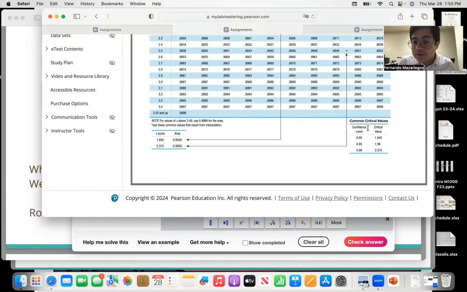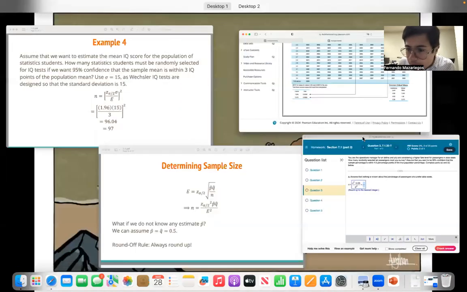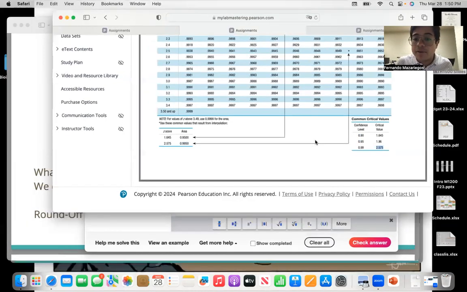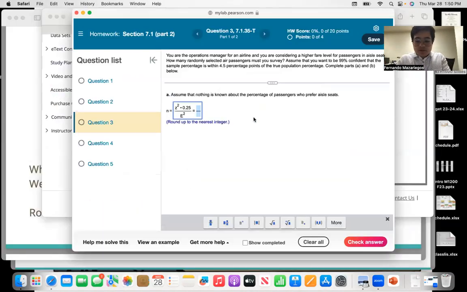So for a confidence level of, no, 99, the corresponding critical value in a normal distribution is 2.575. So 2.575 squared times 0.25 over the square of the margin of error, which we're told is 4.5 percentage points.